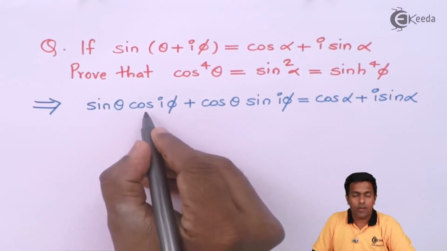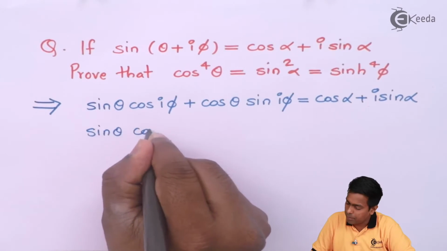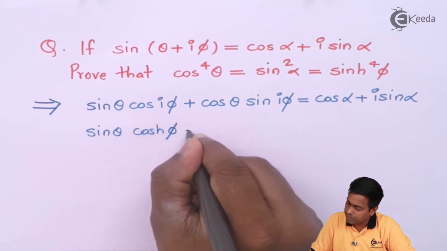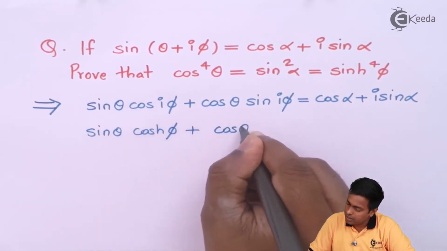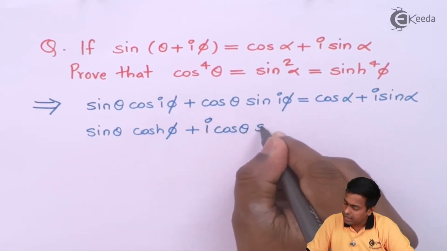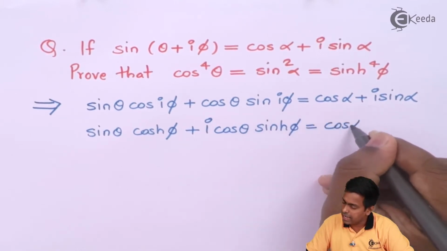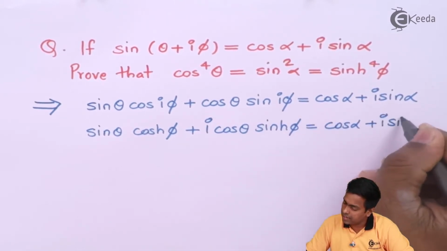Now guys, the value of cos of i phi is hyperbolic cos of phi, and the value of sin i phi is i into hyperbolic sine of phi, which is equal to cos alpha plus i sin alpha.